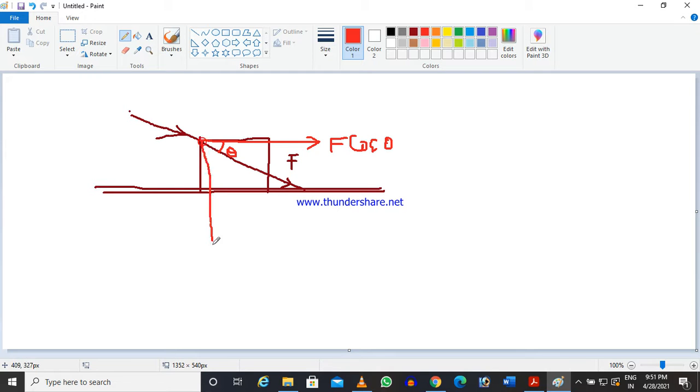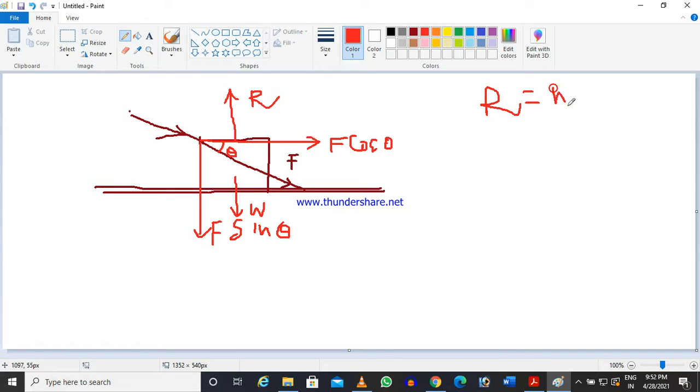The other component, acting downward, will be F sin theta. And the vertical reaction R acts upward, and W, the weight of the block, acts downward. So the vertical reaction R in this case is equal to W plus F sin theta.